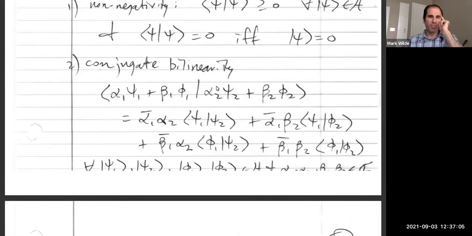So if you take a superposition, a linear combination of the vectors psi 2 and phi 2, according to the weights alpha 2 and beta 2, and you do the same for psi 1 and phi 1, then the inner product satisfies this property. So it's kind of like the scalars come out, you evaluate all of the possible inner products, and then for the scalars that are over here, they get a complex conjugate.